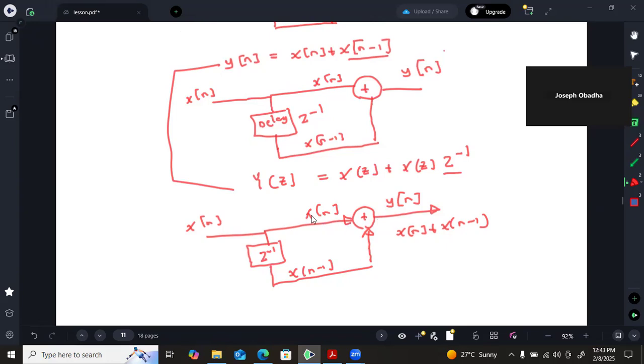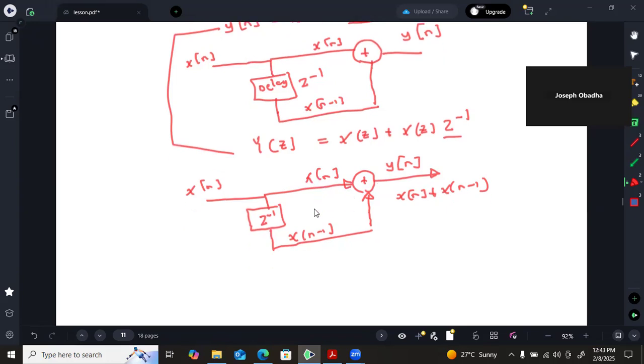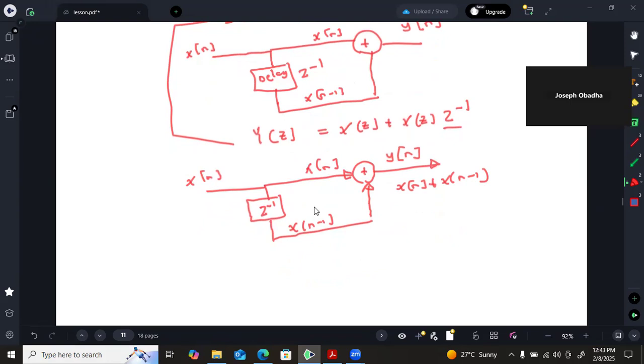So you can see, if you look at these implementations, that some of the elements that you need would be a delay element. You need a delay element to implement the system. You also need a summer. But you may also need a multiplier.